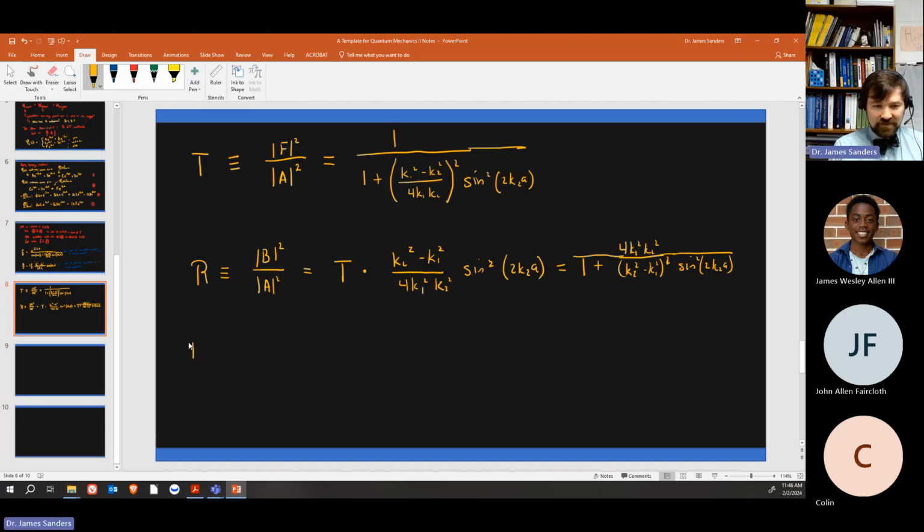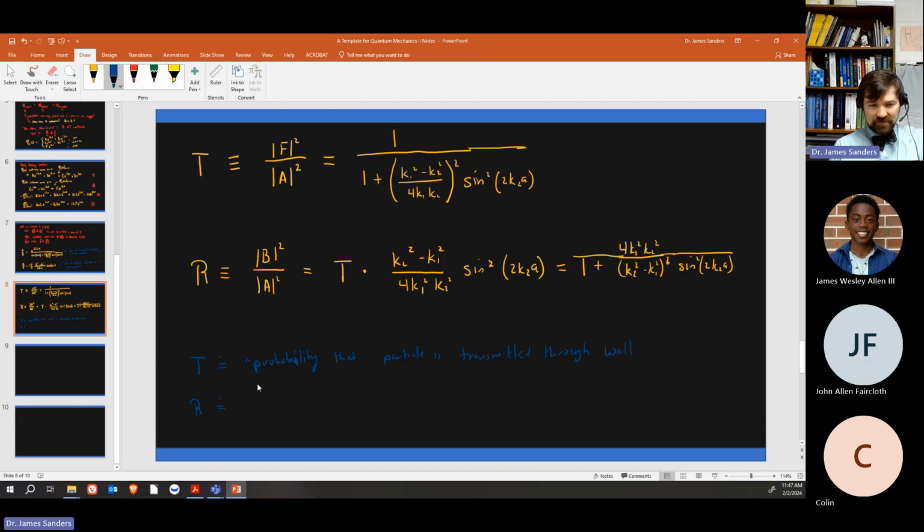So T, let's write this in a different color actually for commentary, T represents the probability that the particle is transmitted through the well.